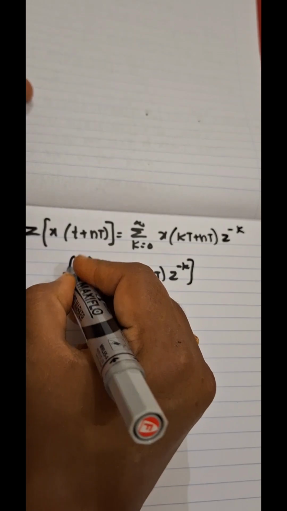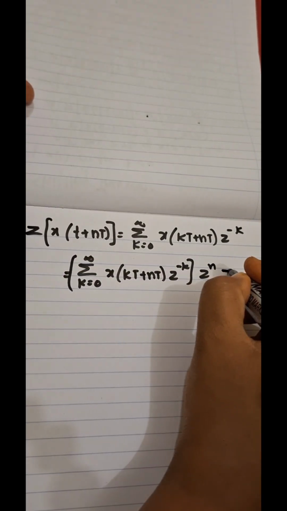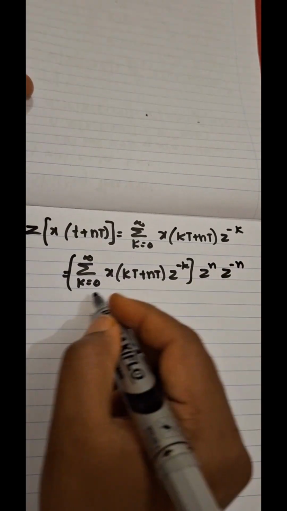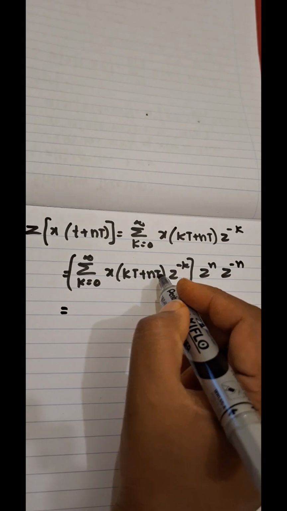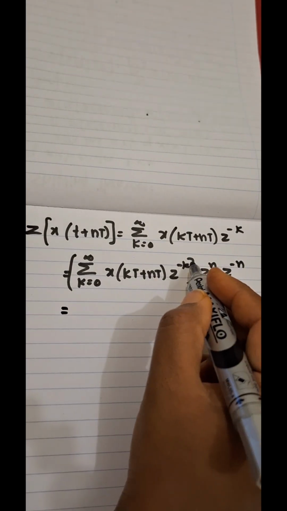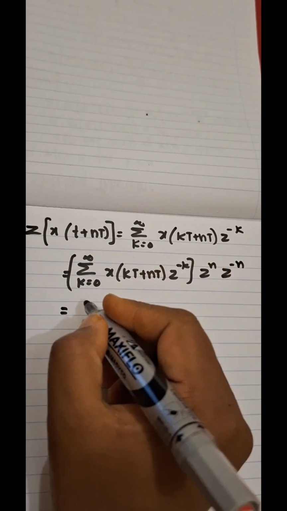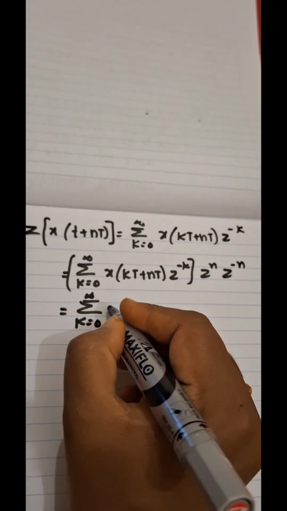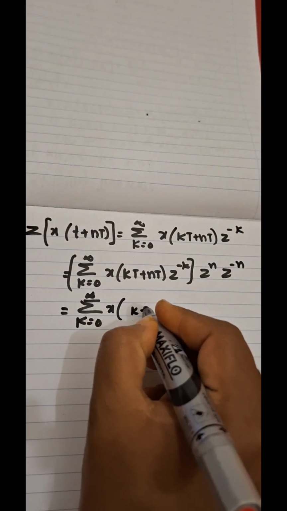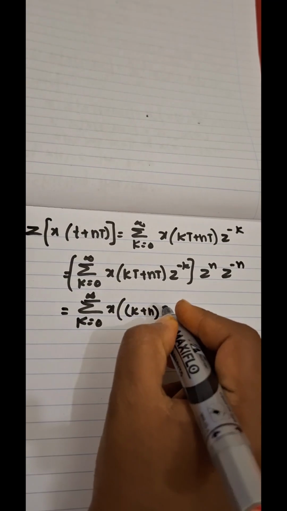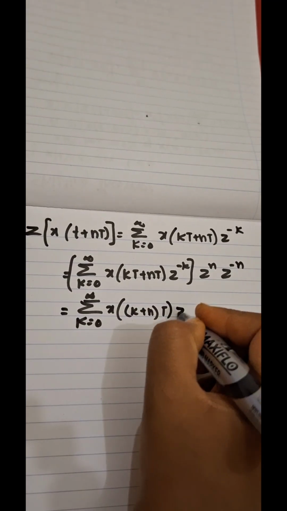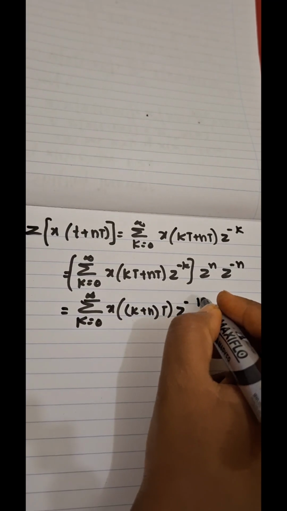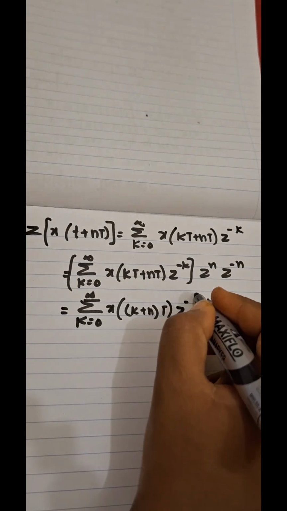I wrote the whole equation, and I am writing z power n, z power minus n multipliers. Now I want positive n. Positive n means I should bring negative n inside. So I write sigma k equals 0 to infinity x of (k plus n)T z power minus (k plus n).